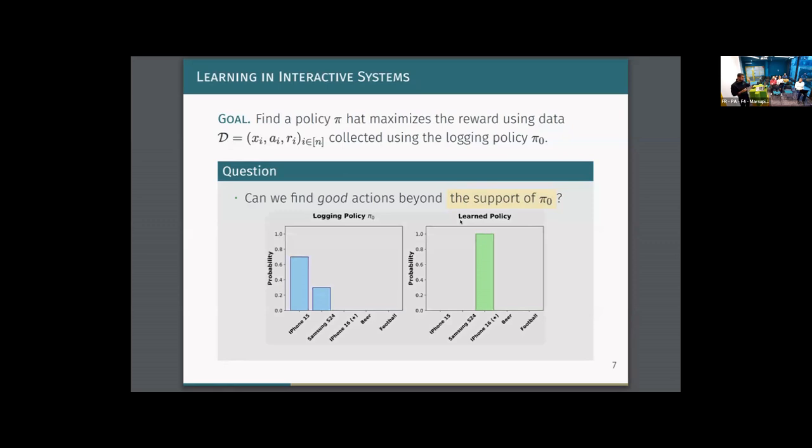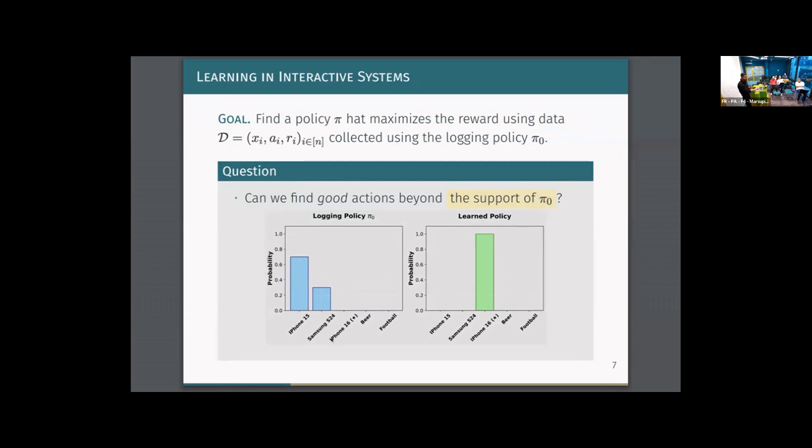To give an example, imagine our current recommender system was trained on some historical data, and that historical data didn't contain iPhone 16. And somehow our current recommender system only chooses between iPhone 15 with some high probability, recommending iPhone 15 with 0.7 probability and Samsung S24 with 0.3 probability.